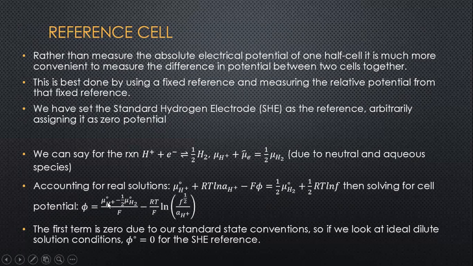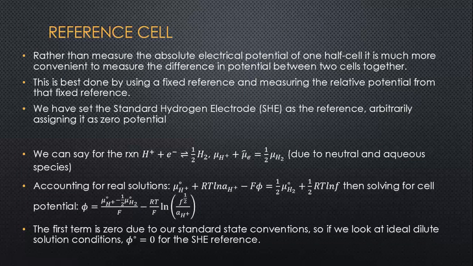Now this first whole term, the naughts go to 0 due to our standard state conventions that for a pure element in its standard state, we set those to 0. So those whole terms drop out. We're left with RT over F ln fugacity over activity.